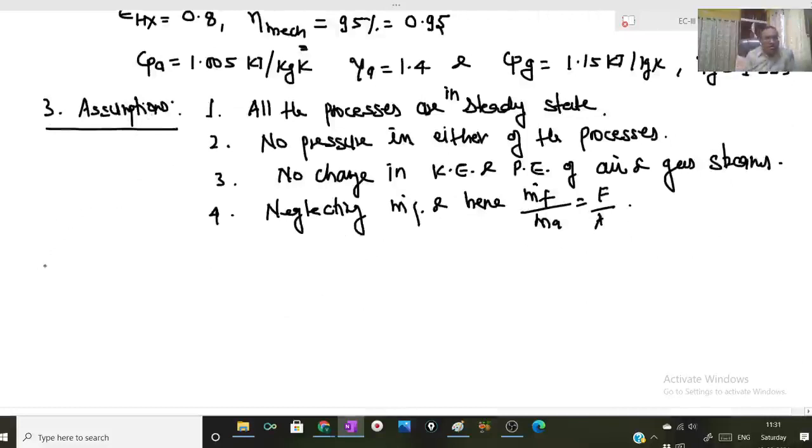Now in the list, find. So very first thing you are supposed to find out is number 1, thermal efficiency. Number 2, work ratio, and number 3, the mass flow rate of air.